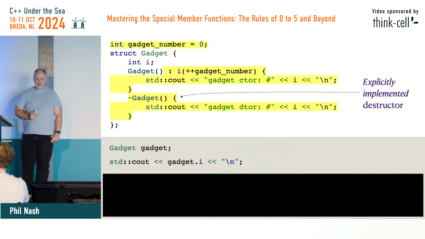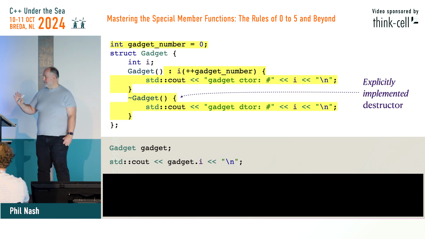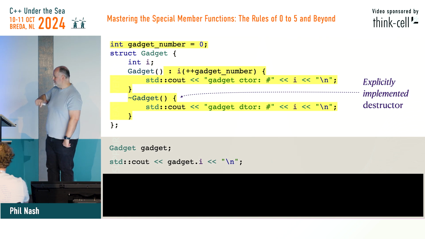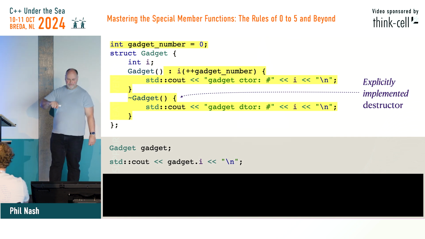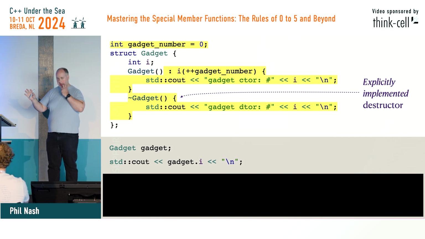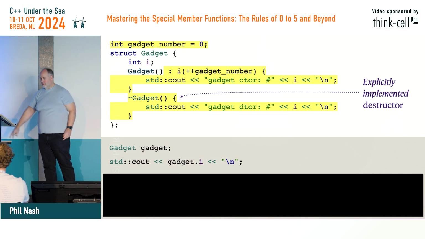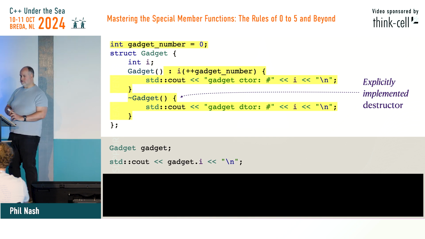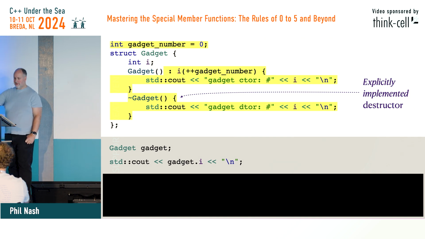Okay, let's just add a chunk more code, all in one go. It's not terribly complicated. There's just a lot of it there. I'm going to do this now, because we're going to use this in the upcoming slides to help us to reason about the output. So in the constructor, we are writing to cout, and in the destructor as well, so we can see which one is which.